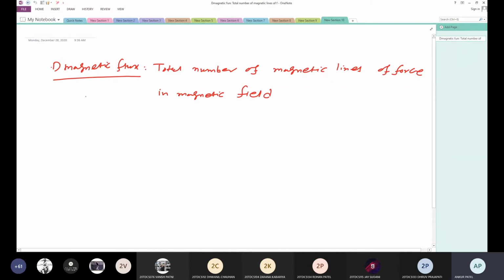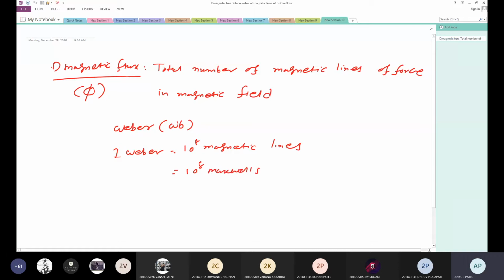It is denoted by phi. The unit of flux is Weber. 1 Weber is equal to 10 raised to 8 magnetic lines, or 10 raised to 8 Maxwell.